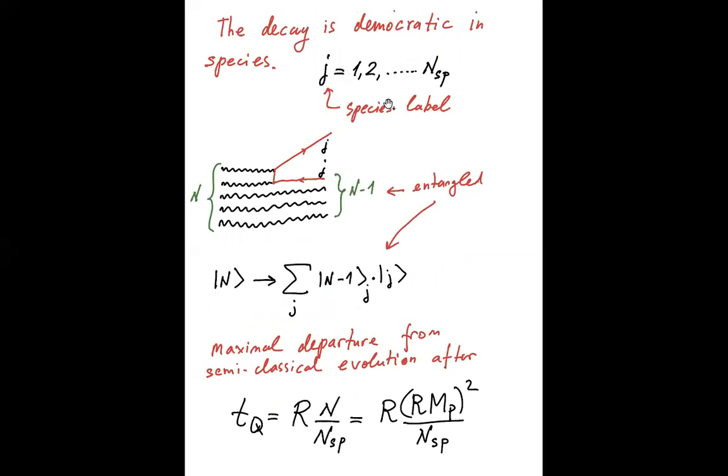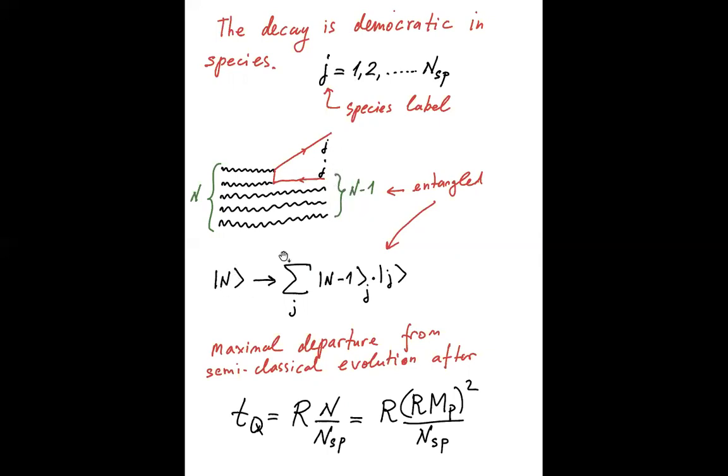So decay is democratic in species, and you can see why. Semi-classically, you produce species democratically because it's a thermal story, and thermality implies democracy in species. But here we see explicitly why this particle production is democratic in species: gravitational interaction is democratic in species. So at the initial times, you again produce species democratically.